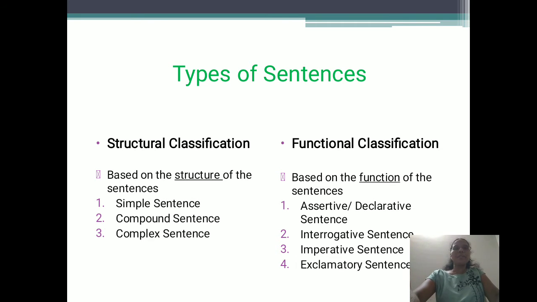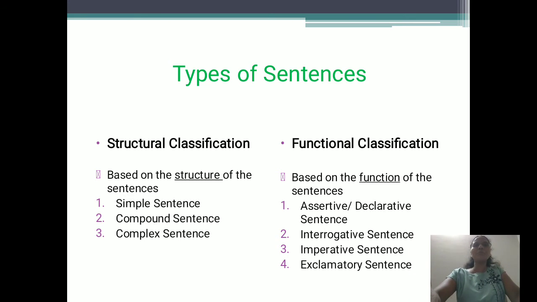In simple sentence, only one clause is there. In compound sentence, there can be two independent or main clauses, and in complex sentence there is one independent clause and one dependent clause. We can say that structural classification is according to the clauses the sentence contains.